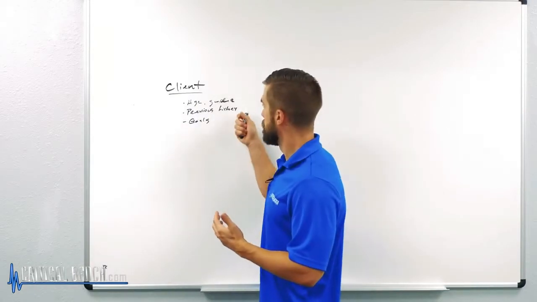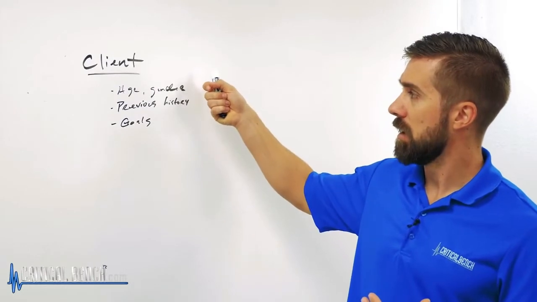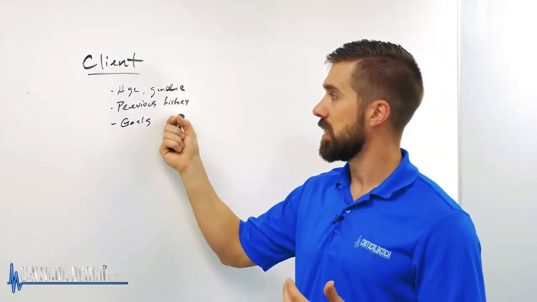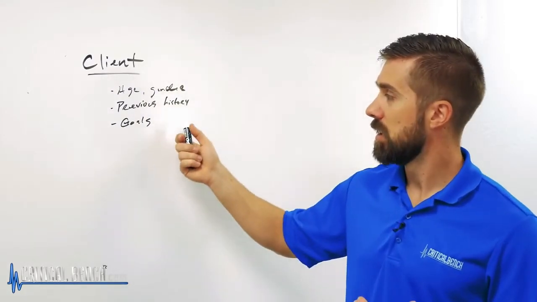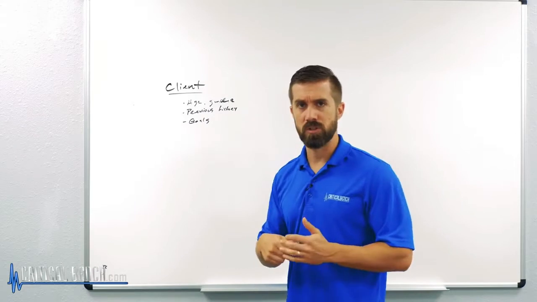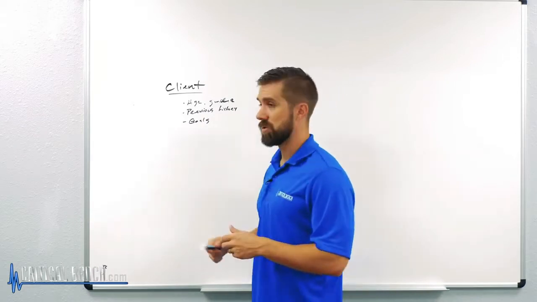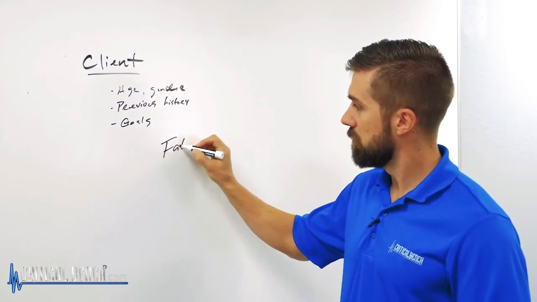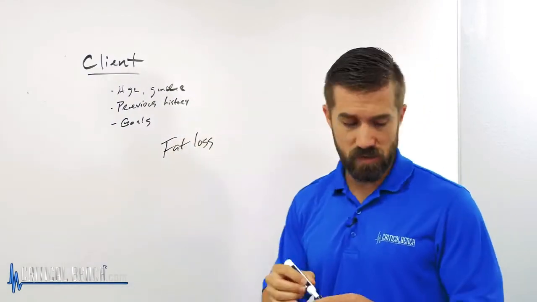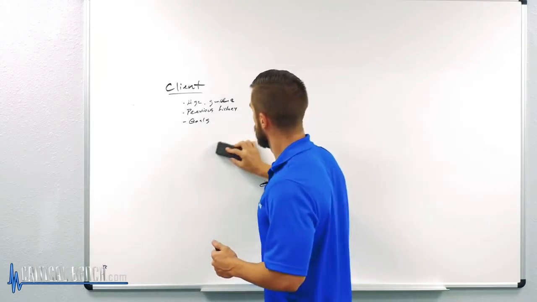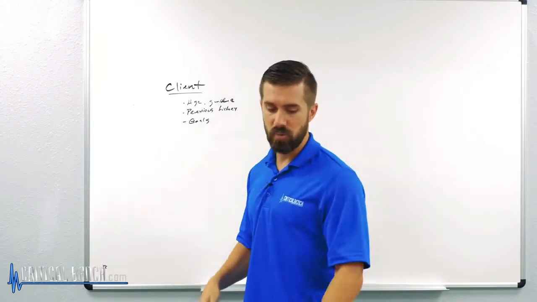So, for instance, if they're a heavier middle-aged woman with a history of heart disease and diabetes, who's never really exercised before in their life, has some nutritional issues, and their goal is to lose weight, okay, it would be safe to say fat loss, right? Makes sense. So as you can see, these three factors will kind of dictate how you design a program.